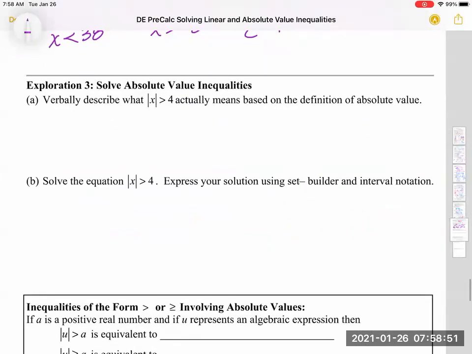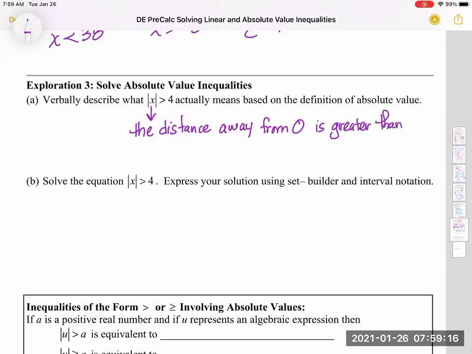Exploration 3. What does it mean verbally for the absolute value of x to be greater than 4? That means the distance away from 0 is greater than 4.